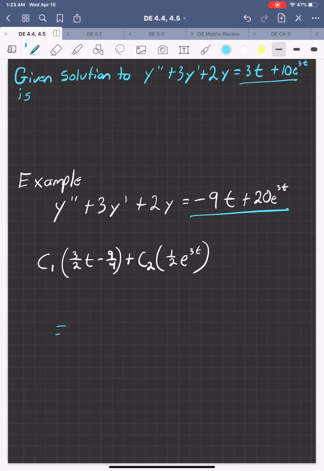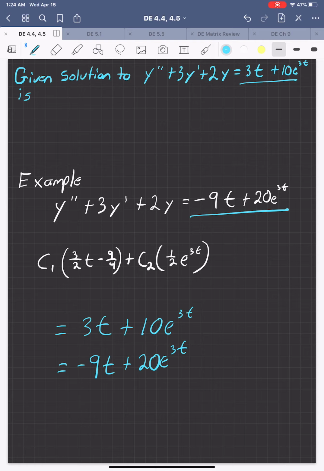We have 3t plus 10e to the 3t. Those we've already gone through and found the solutions for. And negative 9t plus 20e to the 3t is the one we are attempting to find the solution for right now.